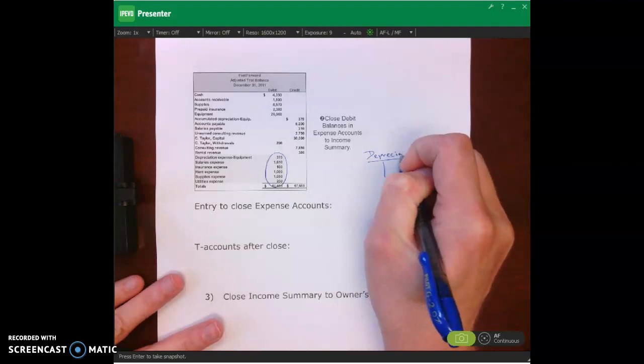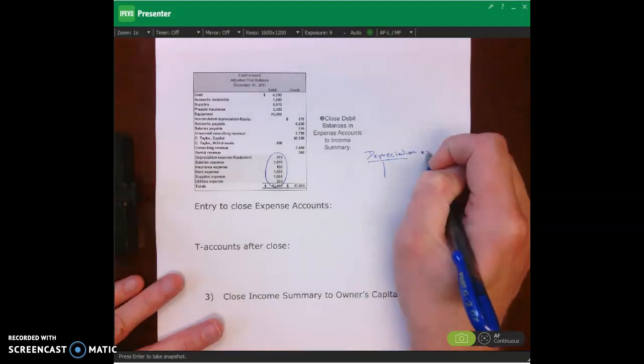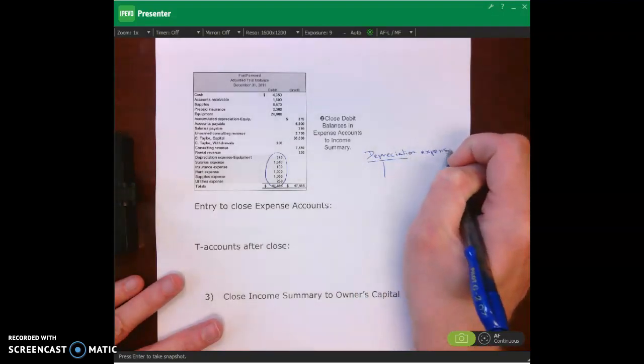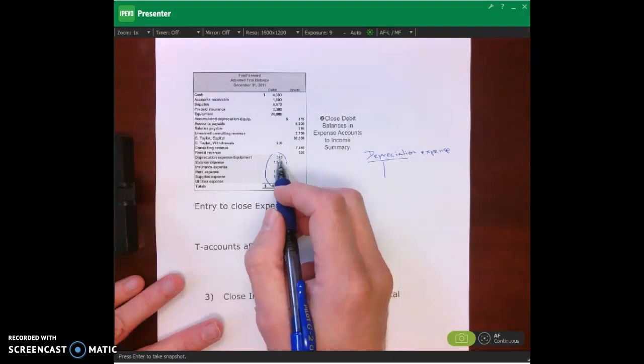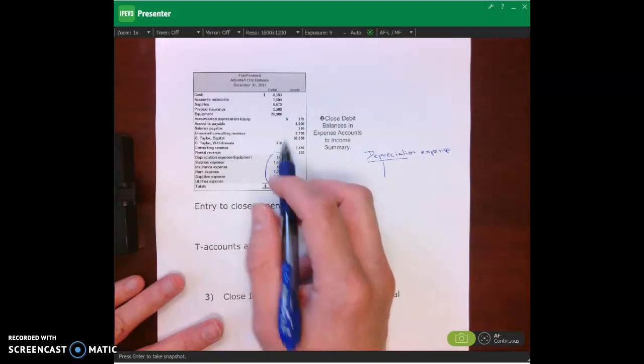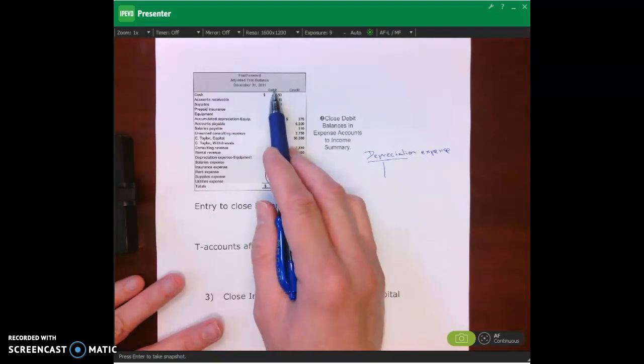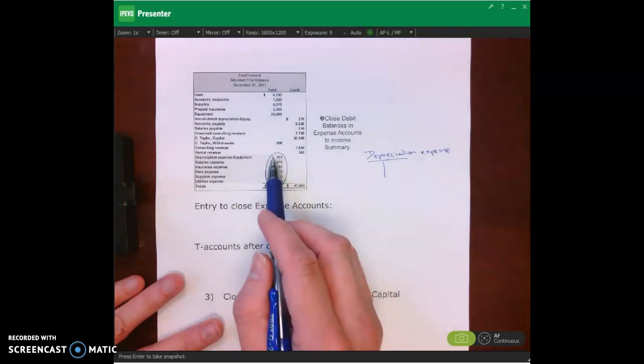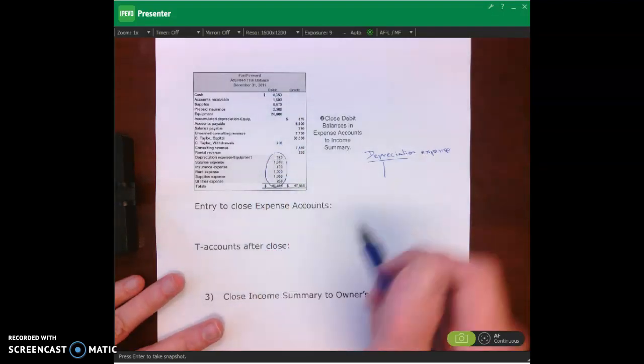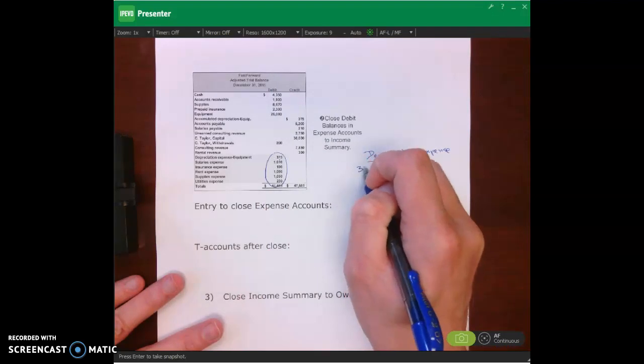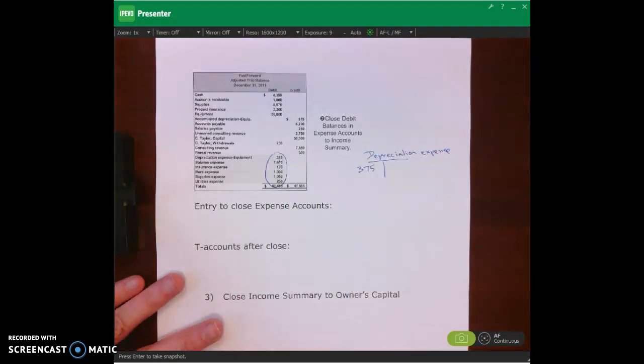I'll do that in terms of a T account. So I've got depreciation expense. This $375 right here in the adjusted trial balance, it's a debit balance, and you can see that because it's under the debit column. But also we know that the normal balance of an expense is a debit. So I put that on the left side of my T account right over there.